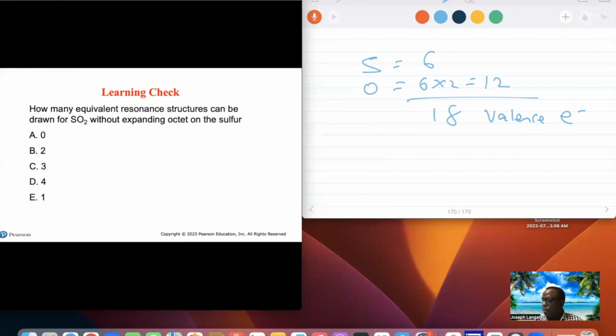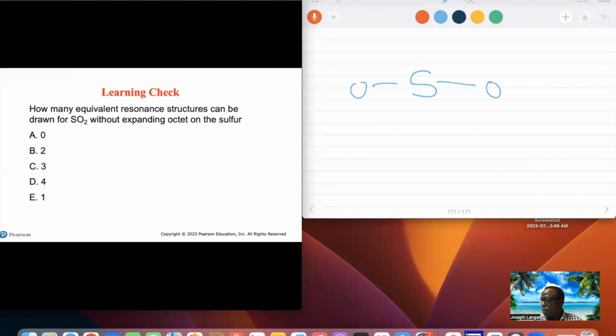Draw the skeleton with sulfur at the center, hooked up to the 2 oxygens, and subtract the bonding: 18 minus 4 leaves 14 electrons. We satisfy the octet rule on the external atoms first before working on the central atom, which is sulfur. So minus 12 leaves 2 electrons remaining.